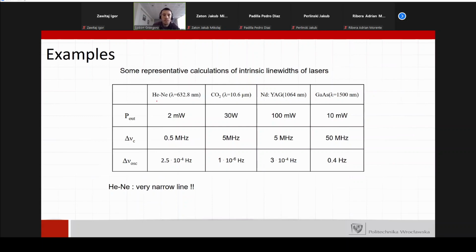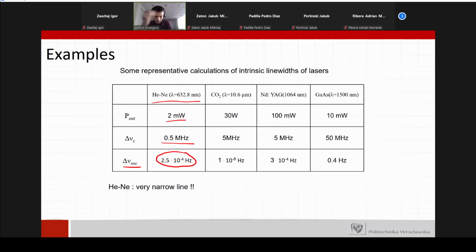So for a helium neon laser, for example, when the output power is 2 milliwatts and we have the empty cavity of 500 kilohertz, the resulting narrowest possible line width is 10 to minus 4 hertz. So this is like millihertz. So this is a very narrow line. So this is the physical limit.